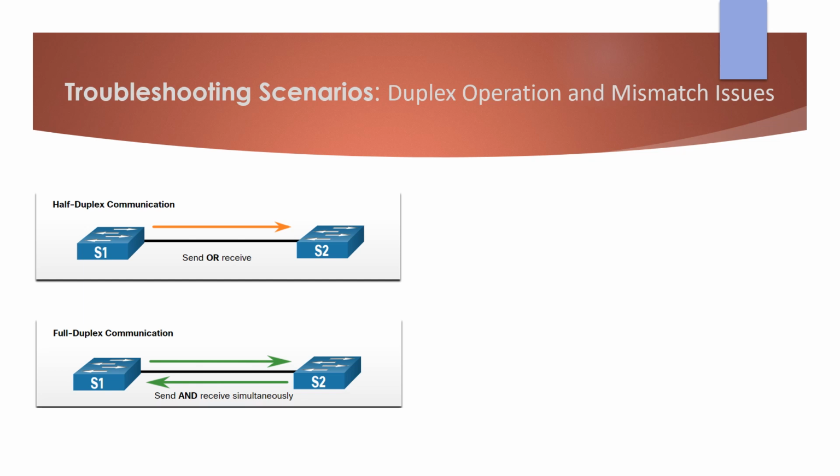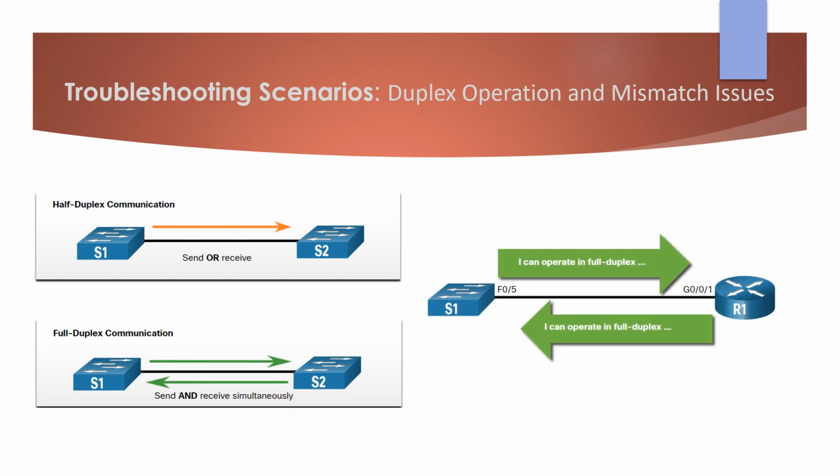The connected devices first announce their supported capabilities and then choose the highest performance mode supported by both ends. For example, the switch and the router in this figure have successfully auto-negotiated the full duplex mode.